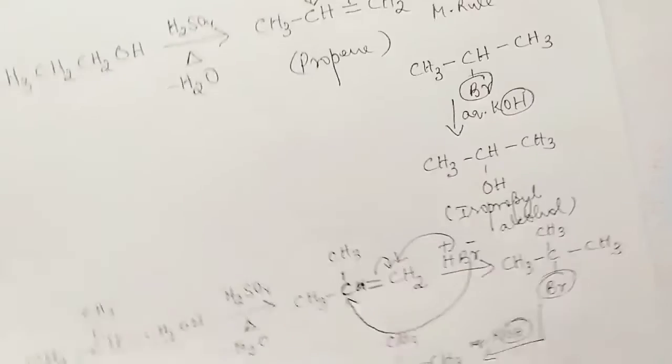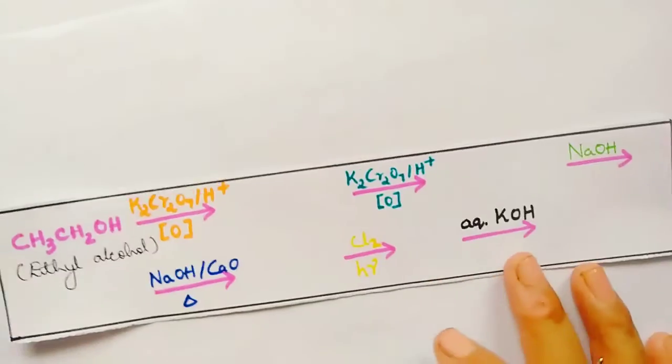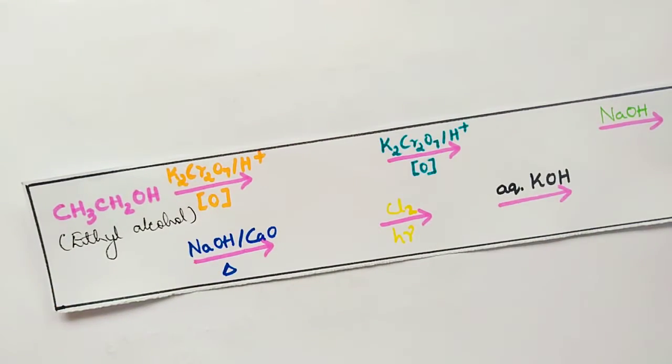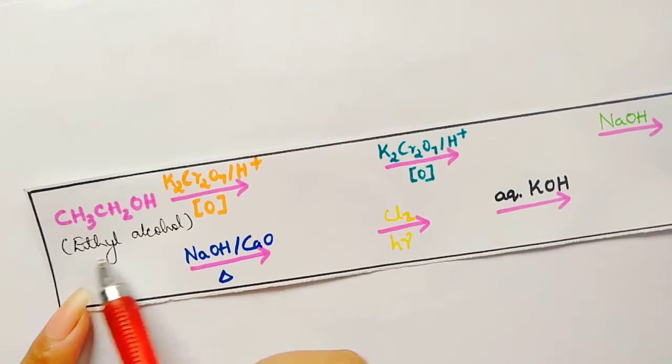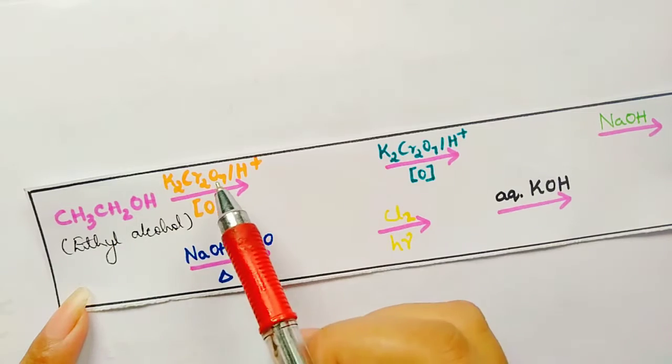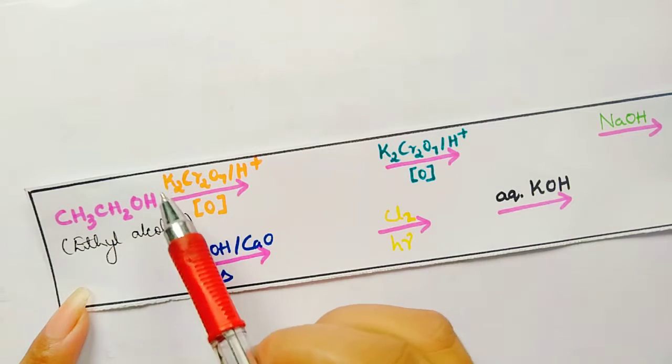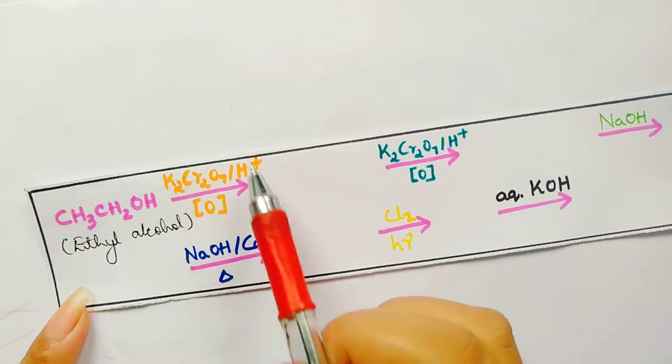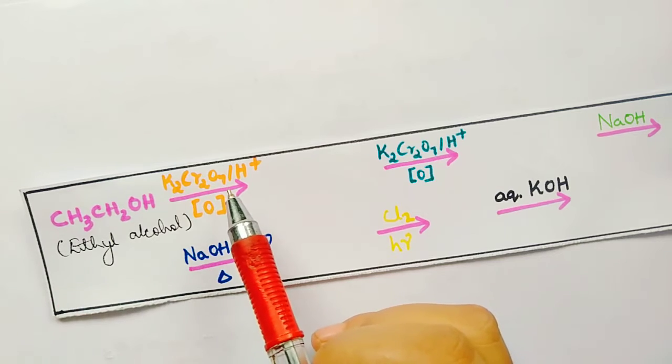Next, we have this one. You have an alcohol, ethyl alcohol, with an oxidizing agent. Potassium dichromate in acidic medium acts as a very strong oxidizing agent.